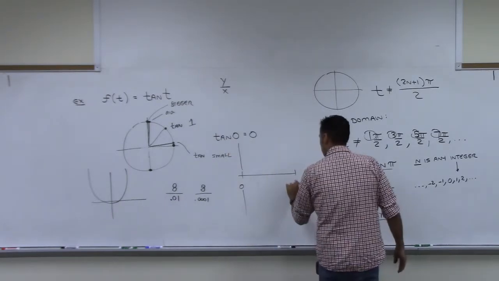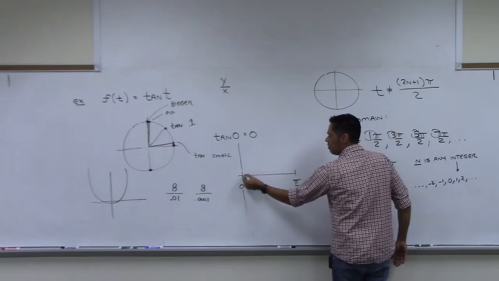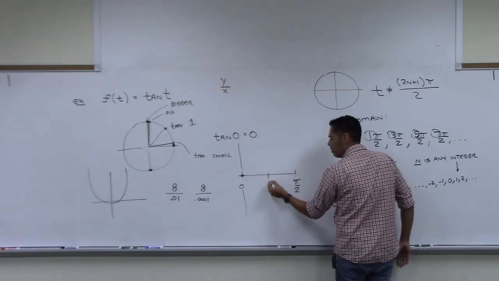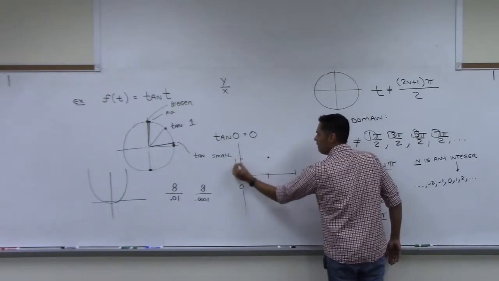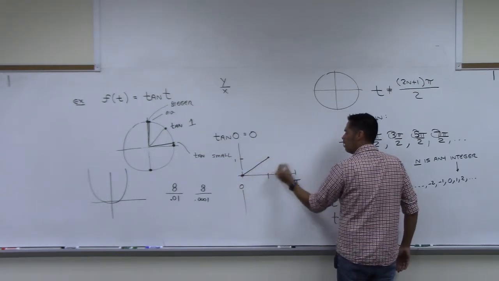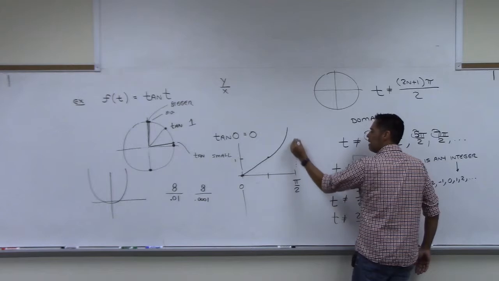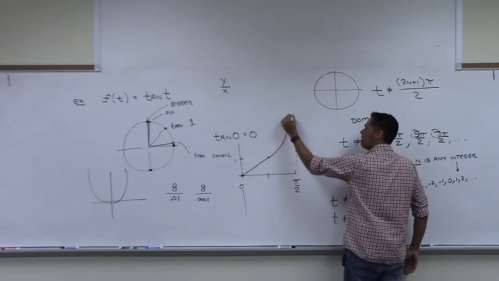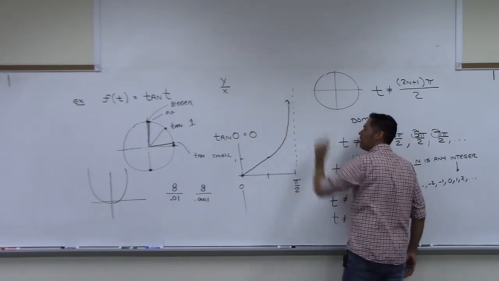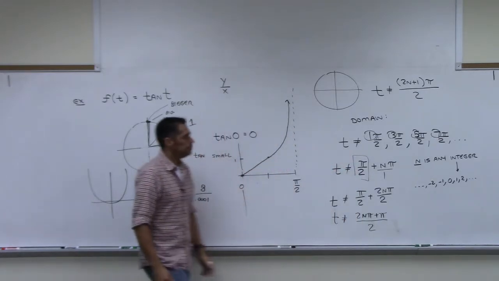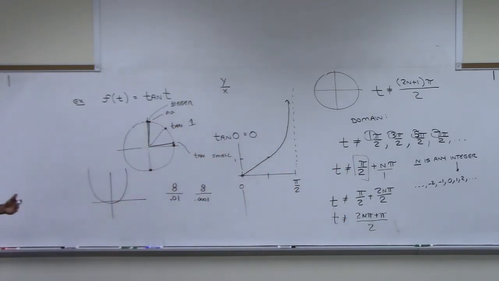But this is basically what this graph looks like. At 0, it's 0. At pi over 4, which is halfway, we're up here at 1. But then as you start to get closer to pi over 2, this thing starts freaking out. You can't be at pi over 2, so the graph starts to take off to infinity. And you have what we call a vertical asymptote. That's what's going to happen with the tangent function.